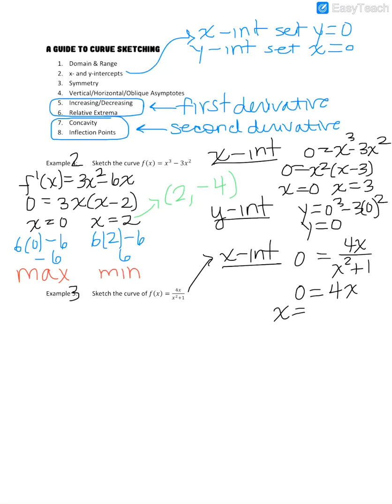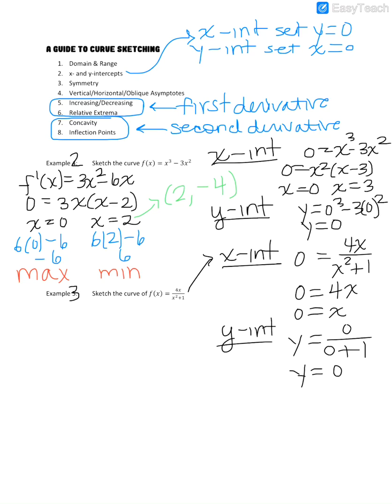So I know I'm going to have an x-intercept at 0. Let's do our y-intercept, which is where we make x equal to 0, and that's just going to be 0 as well. So I'm just going to have 1 intercept at 0, 0.